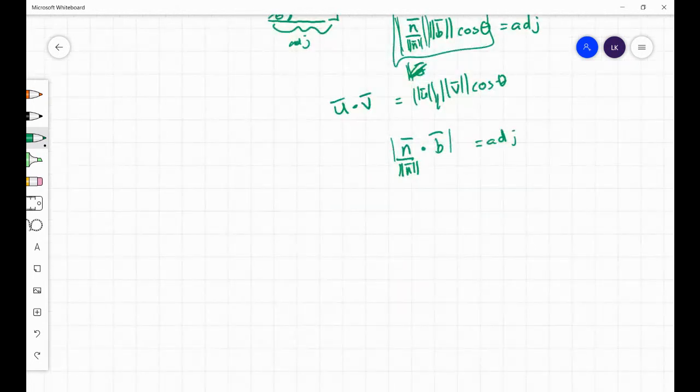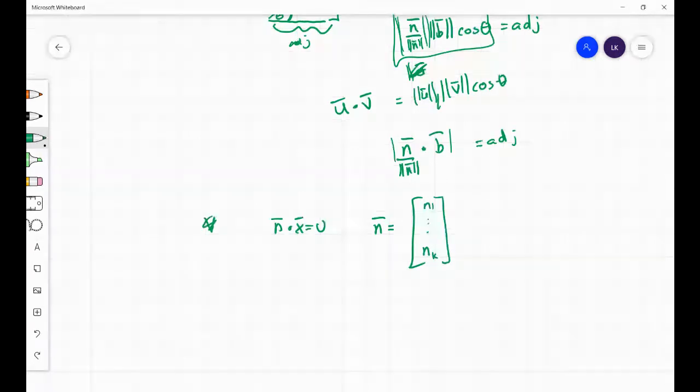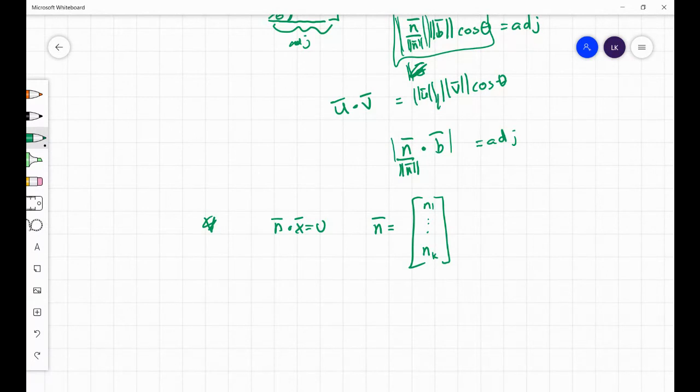Okay. All right, so if your hyperplane is defined by all points perpendicular to n, where n has coordinates n1 through, wow, that's bad notation, nk. Okay, let me use better.